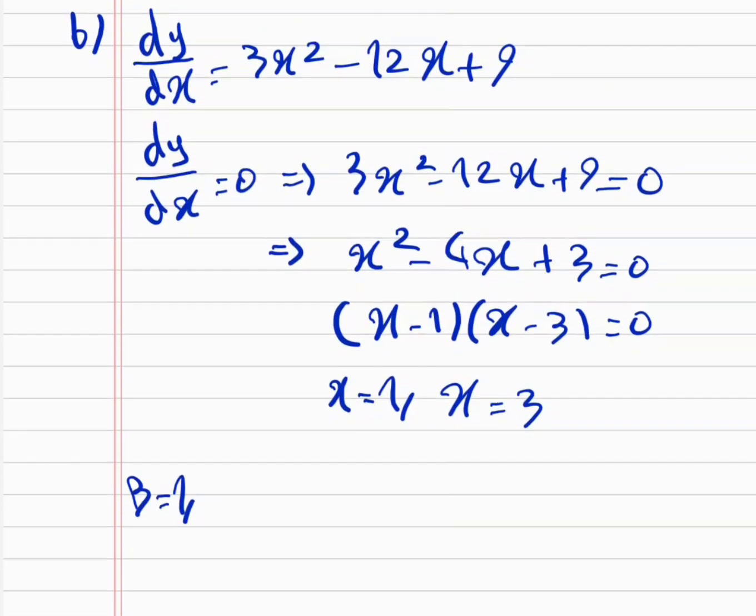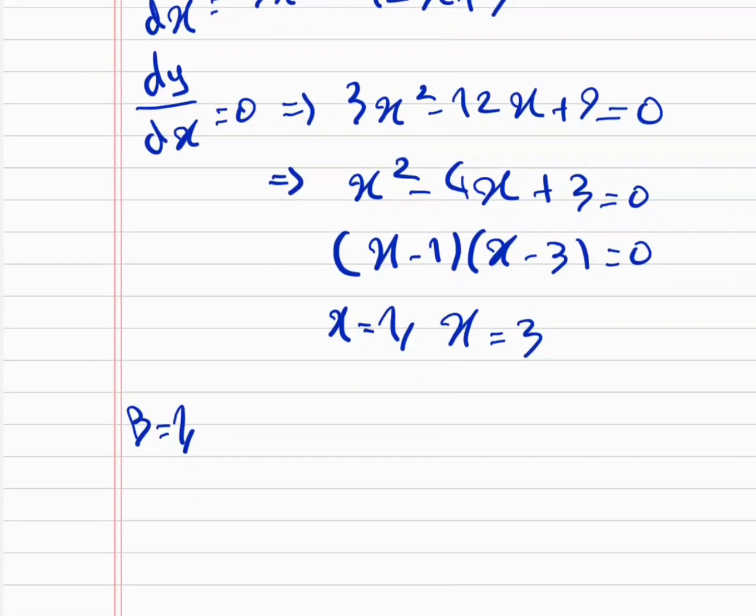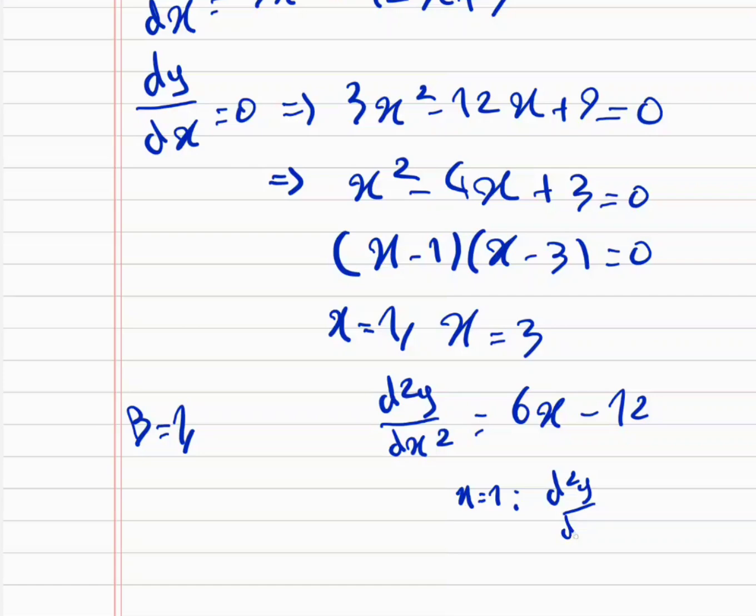And we can also check if that's indeed a maximum by doing the second derivative test, just in case. So the second derivative gives us 6x minus 12, and when we substitute 1 here, so when x is equal to 1, then d squared y by dx squared is 6 minus 12, which is less than 0. So indeed, that's a maximum.